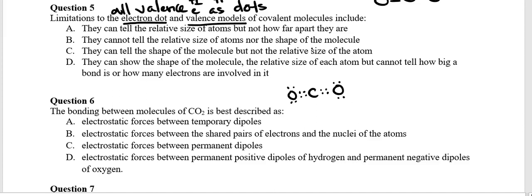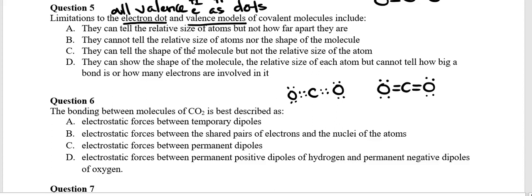And if you draw CO2 as a valence model, then the bonding pairs of electrons will become lines, whereas the lone pairs stay as dots. Looking like that. Every time I draw CO2, I will draw it in a linear shape, which is the actual shape of the molecule.